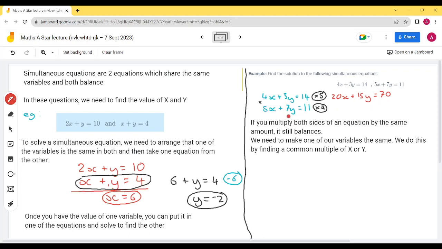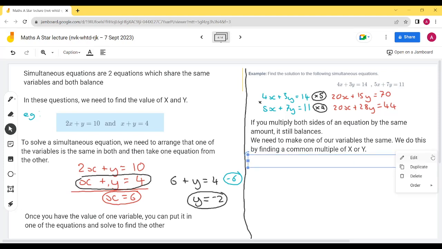All right, and then on the bottom, we can do 5x times 4, which again is the reason we're doing it. We are making our x's the same. We've got 20x. We've got 7y times 4, which is going to give us 28y. And we've got 11 times 4, which gives us 44. So now we've done this, now as before, we take one equation from the other.